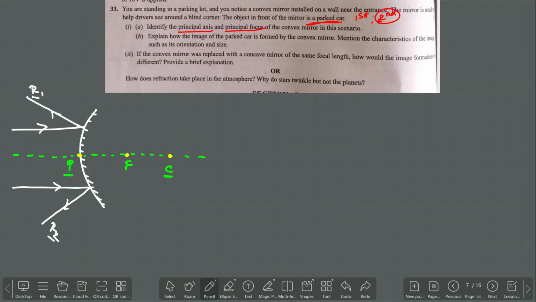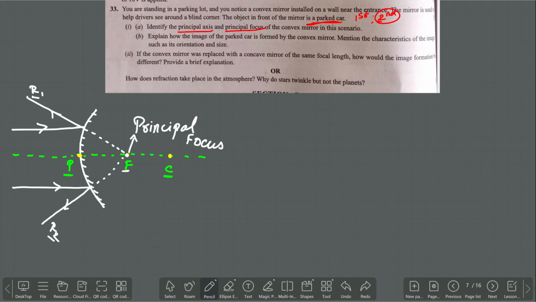No. So what we will do is consider them as imaginary and make them meet at one specific point, and that point we will call the focus. Since it is meeting on the principal axis, we can also call it the principal focus. So this is the answer for the first question.